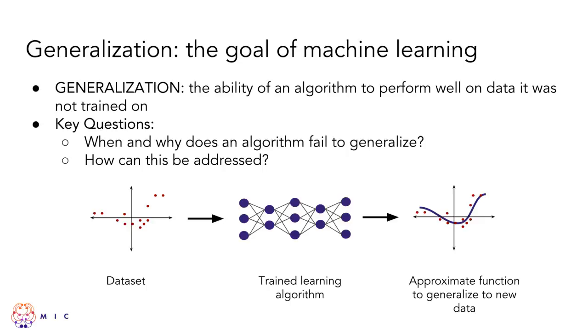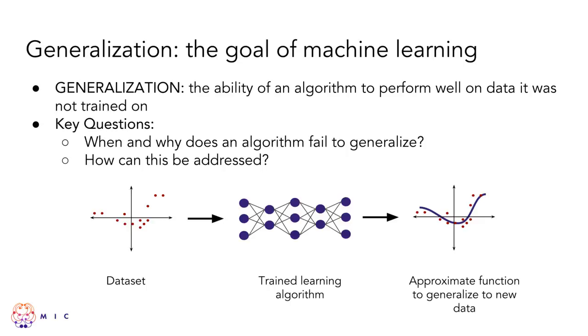So what is generalization really? When you train a neural network, you want it to capture the more general underlying patterns of your data. You don't want it to memorize the specifics of the individual examples that you're giving it, because then it will just memorize and it won't be able to generalize to further examples that it hasn't previously seen.